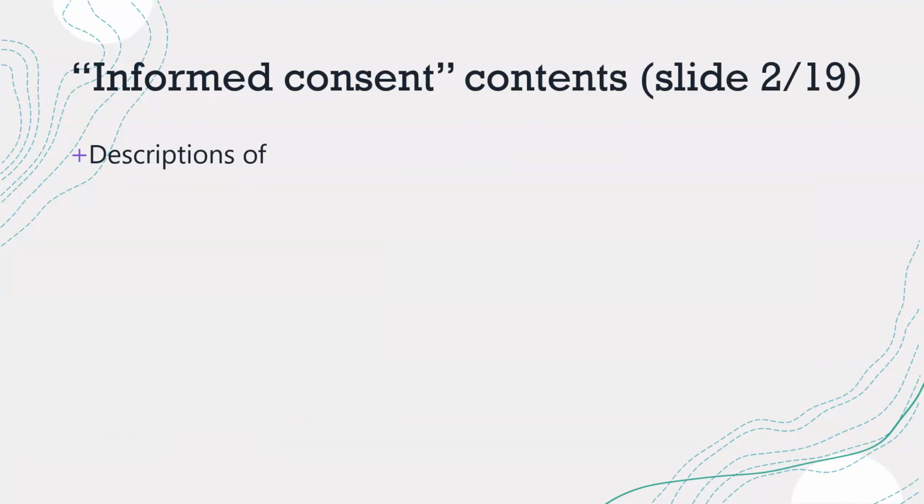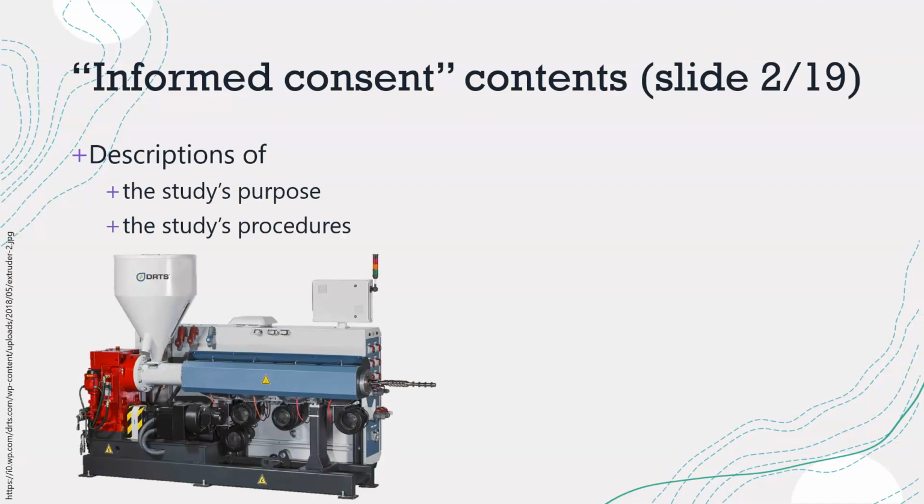We need to provide some descriptions. You need to tell the user what the study's purpose is and what the study's procedures are. For example, I'm just going to spitball this here. This is not verbatim that you can put in your text, but something like: the study's purpose is to test the new Widget Master 5000 and see how it operates when real people are trying to use it.